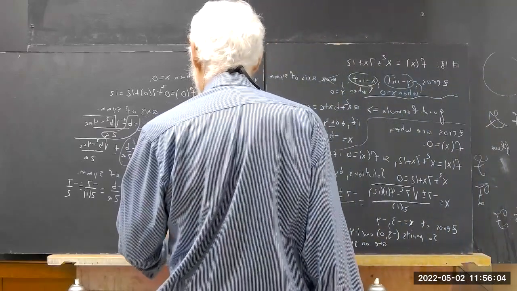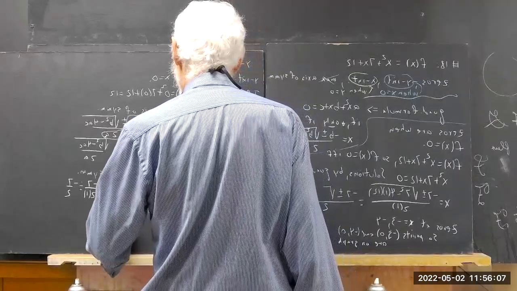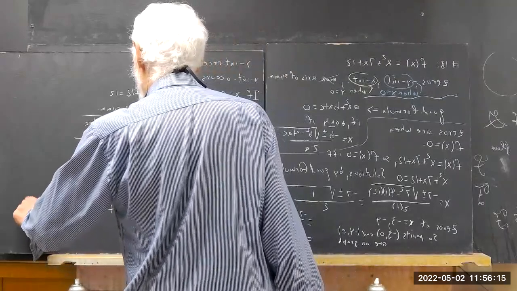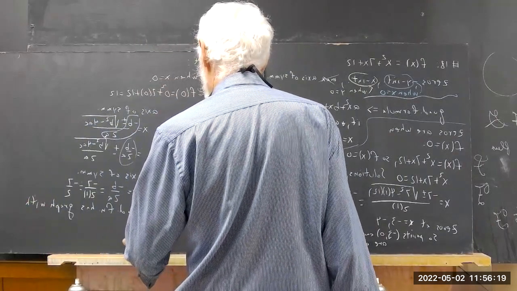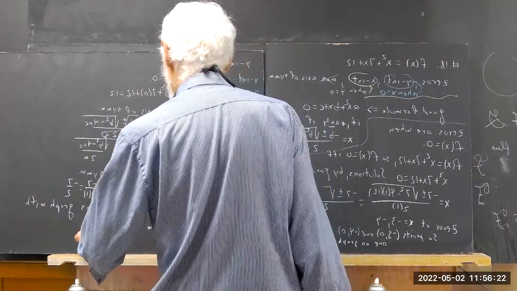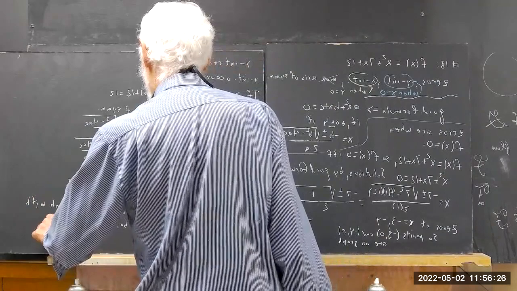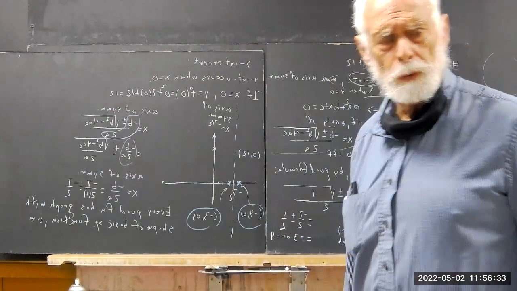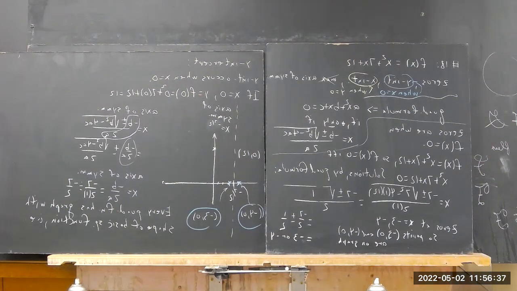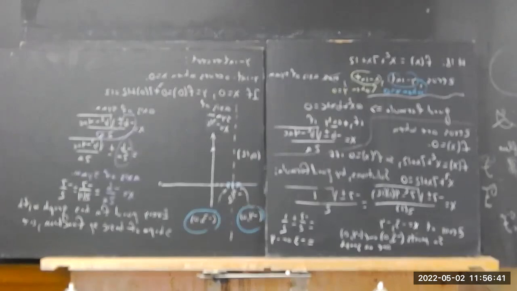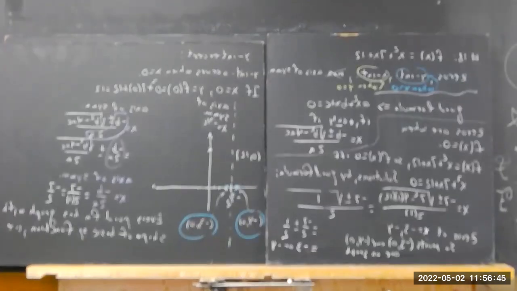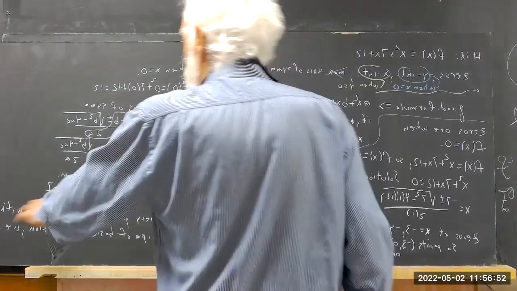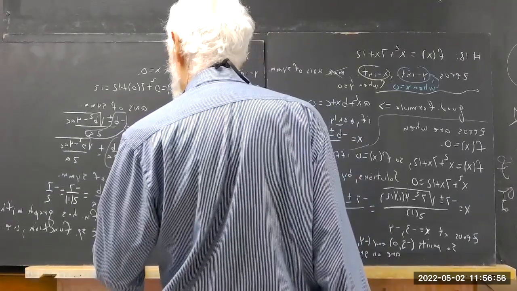Every quadratic graph has the shape of a parabola, the shape of that basic squaring function.